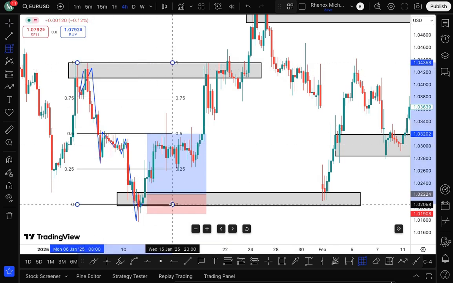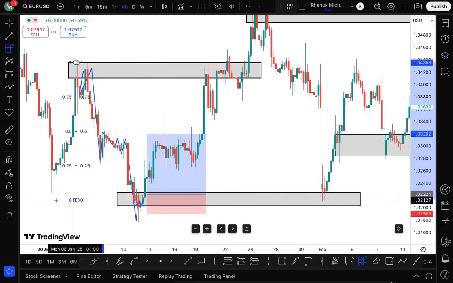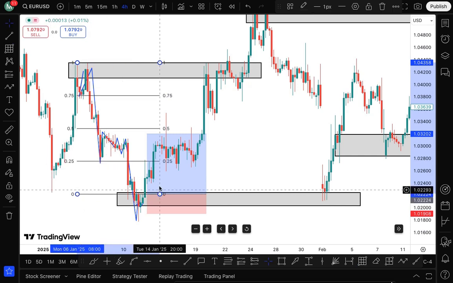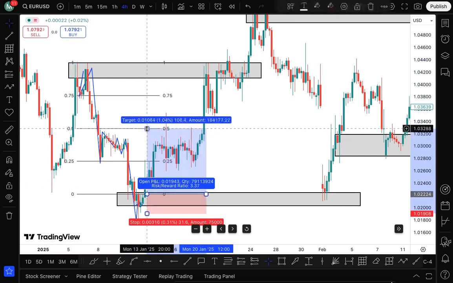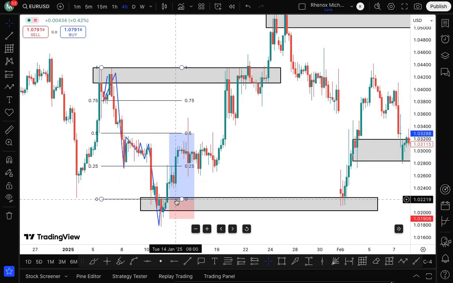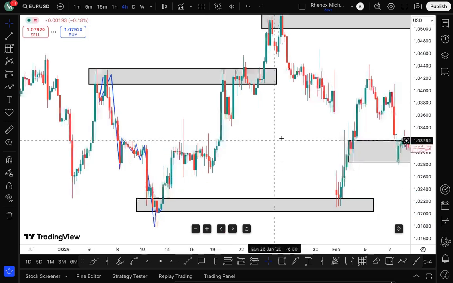You can see 50% from this level that was taken out. So we could target this high here, and you see that price definitely took out that high here. So that's one example there for you guys.